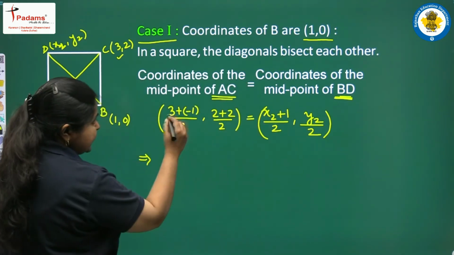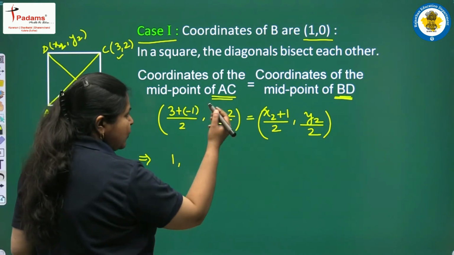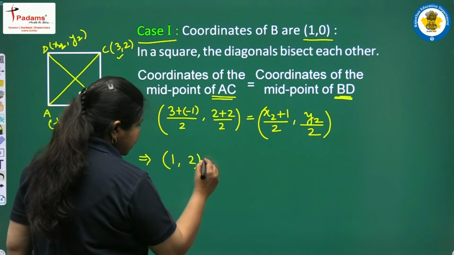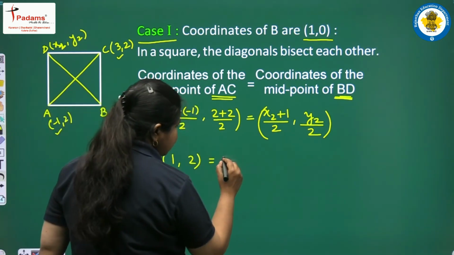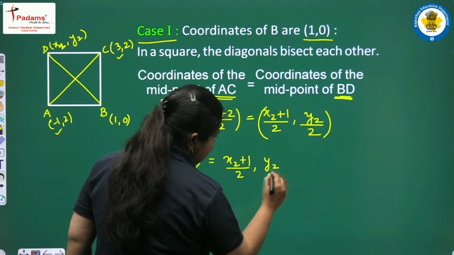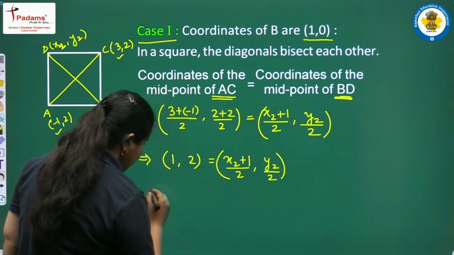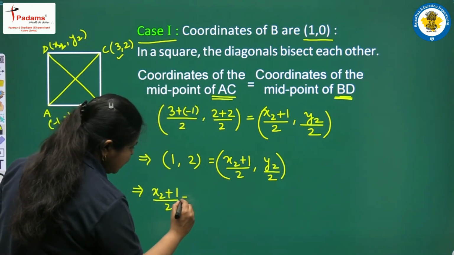This will imply 3 - 1, it's 2 upon 2, that is 1. And 2 + 2 is 4, 4/2 is 2. So 1 and 2, these are the coordinates of the midpoint of AC. और यहाँ से हमें मिल रहा है (x2 + 1)/2, y2/2. Now this implies that (x2 + 1)/2 is equal to 1.